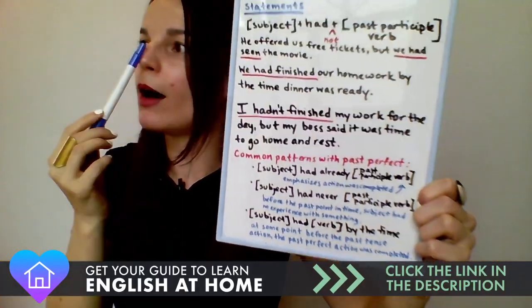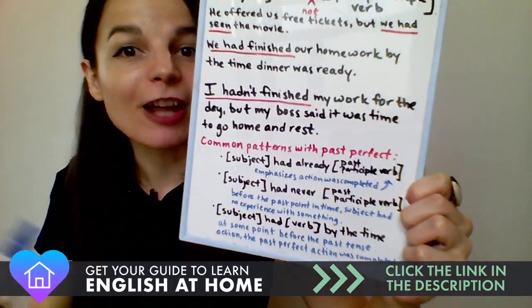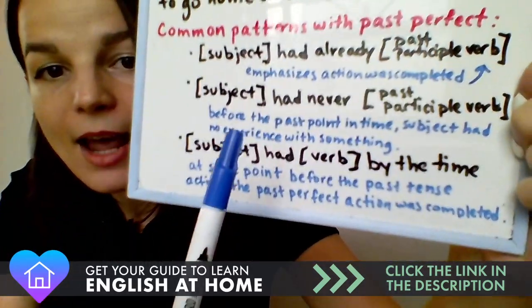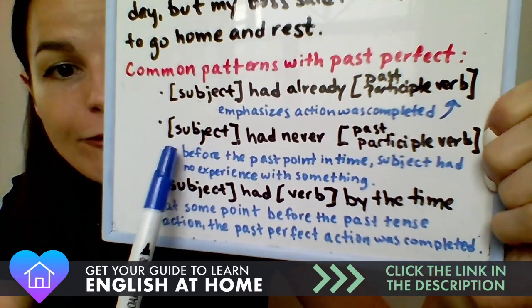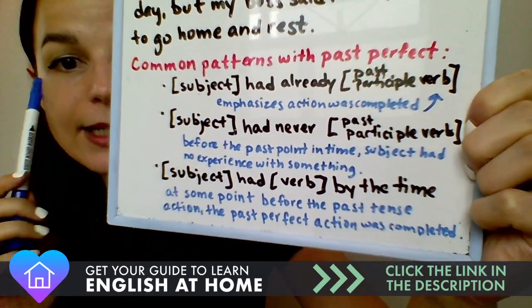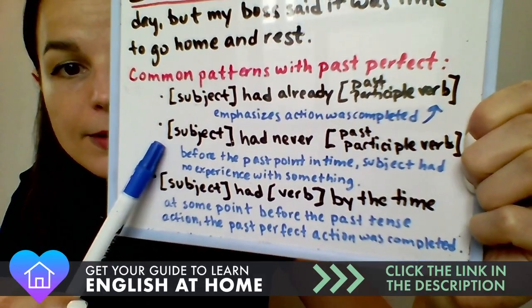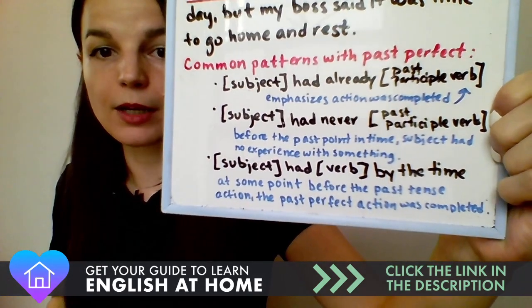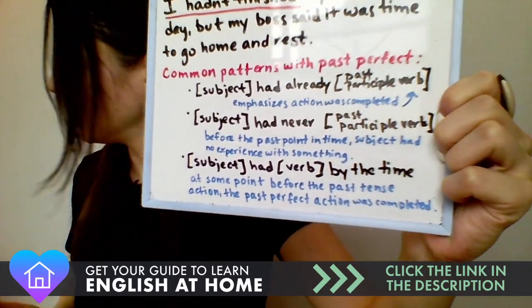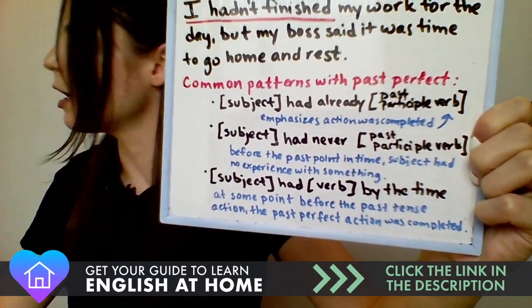So maybe you know "have never." I have never done something, but "had never done something" means before the past point in time, this person had no experience with something.